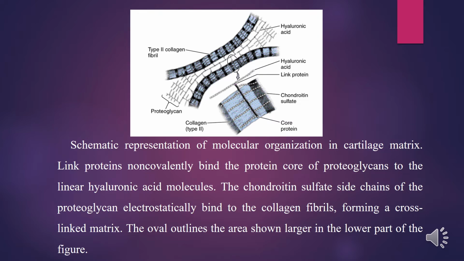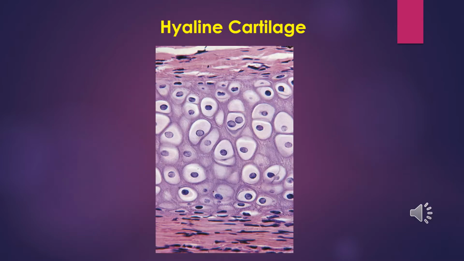Collagen fibers type 2 are present in hyaline cartilage. On this slide, a good picture shows the position of isogenous groups. In a group there may be from 2 to 8, sometimes 15 cells.